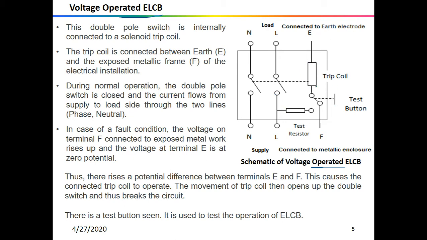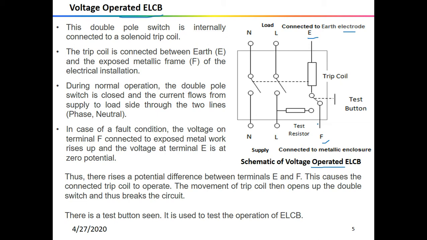The trip coil is connected between earth and the exposed metallic frame of the electrical installation. So this trip coil is connected with E, that stands for connected to the earth electrode, and the other part is connected with F, connected to the metallic enclosure.